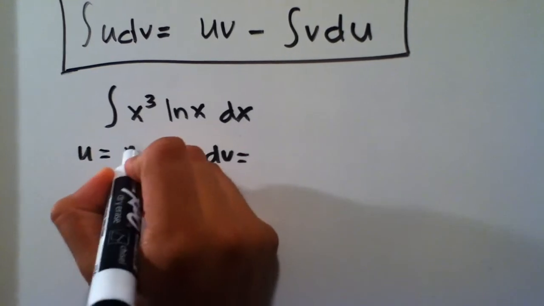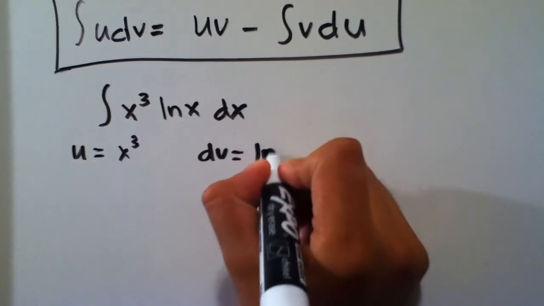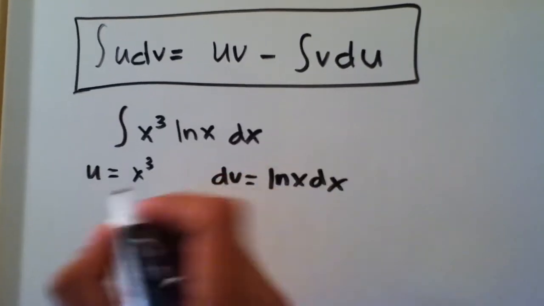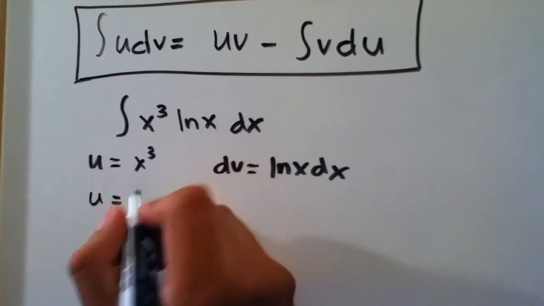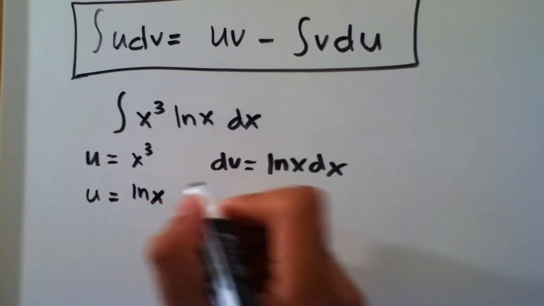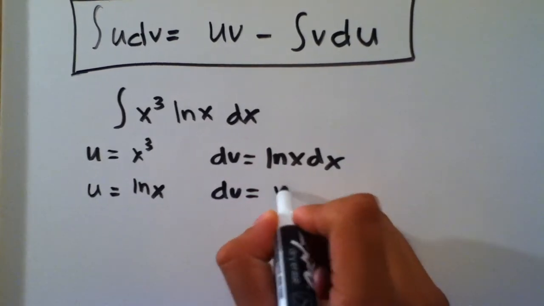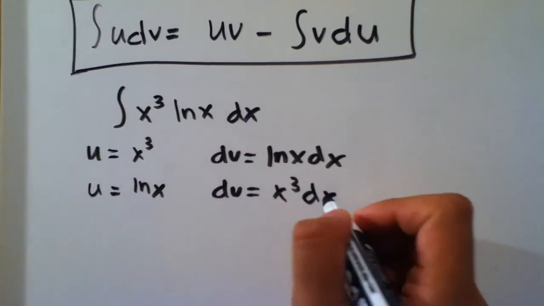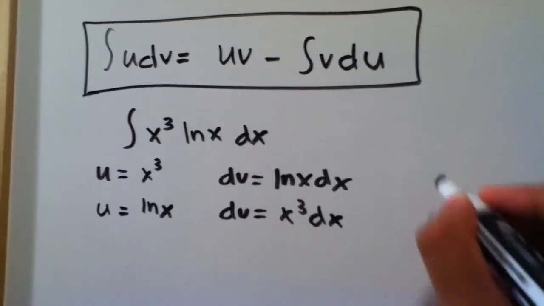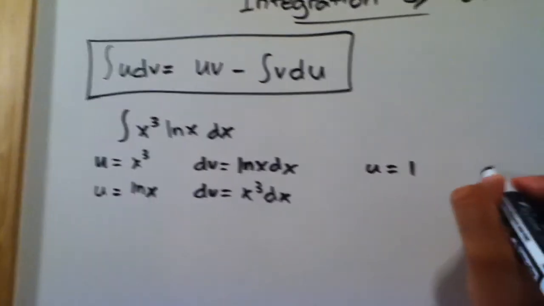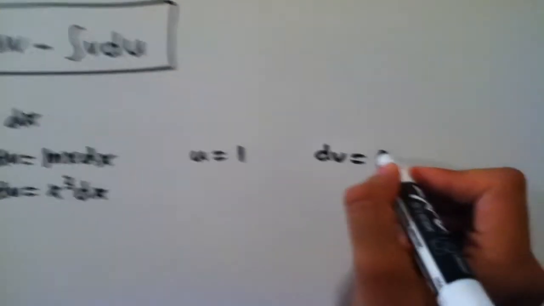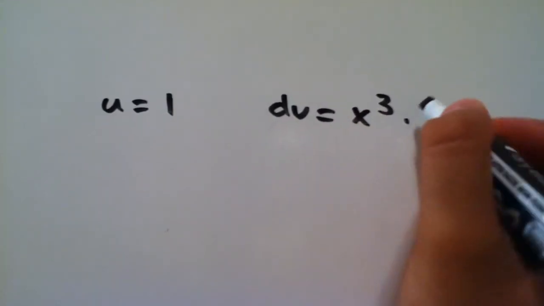So the u here could be x cubed, and the dv could be ln x dx. Or the u could be ln x, the natural log of x, and dv could be x cubed dx. Or the u could be 1, and dv could be the rest.